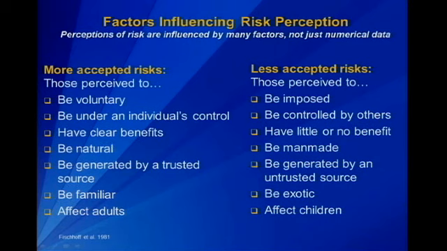So we actually thought we would take this slide and point it out to you, because one of the things that's interesting about healthcare-associated infections is if you look at these two lists, they're actually lists of factors that help people absorb risk. There are things on the left side that would help them accept a risk more, and things on the right side that are less accepting risks.